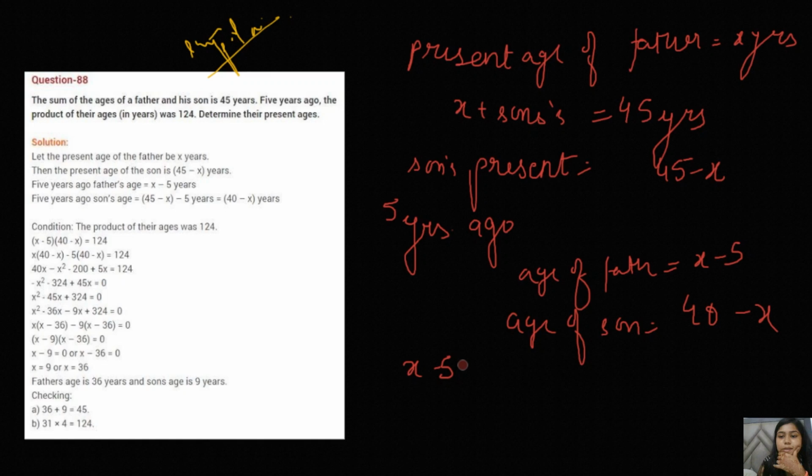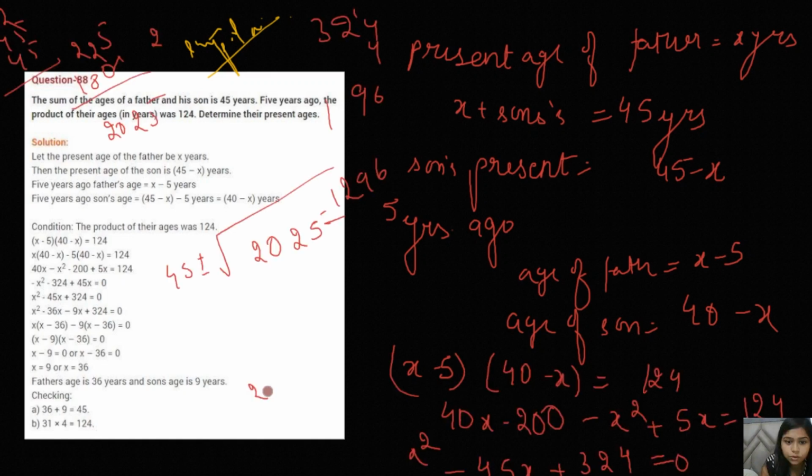After subtracting 1296 from 2025 we get 729. We can solve it using any of the given methods, whatever you feel is good for you. So we get 729.